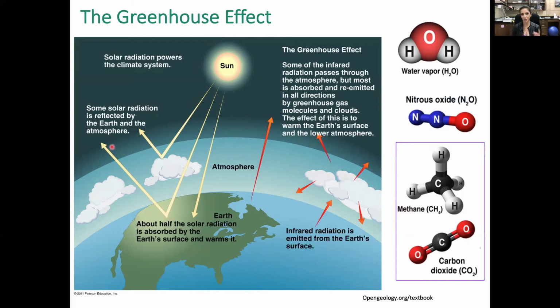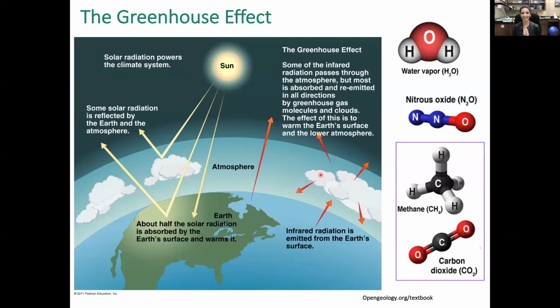But the crucial bit is it gets bounced back out. The greenhouse effect comes in when some of the infrared radiation passes through the atmosphere, but most is actually reabsorbed or emitted back to the Earth. Okay, and this has to do with the gases that are in the atmosphere that act as causes of insulation.